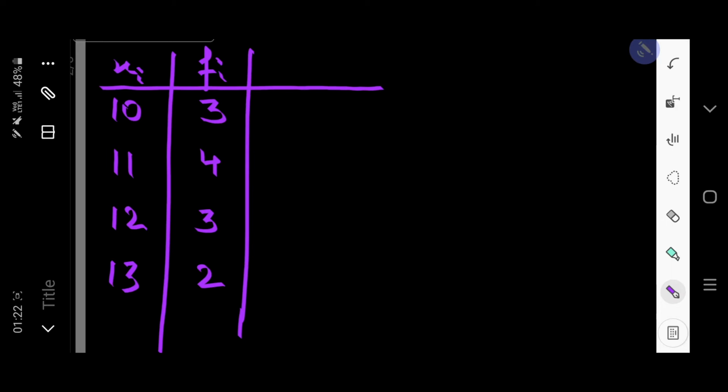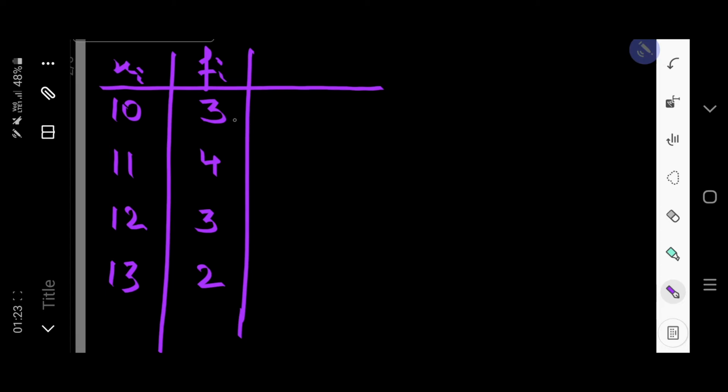the form of x. xi means that if I write x2, that would mean 11, the second data point, and if I write x3, that will be the number 12 data point. Similarly, fi denotes the frequency here.